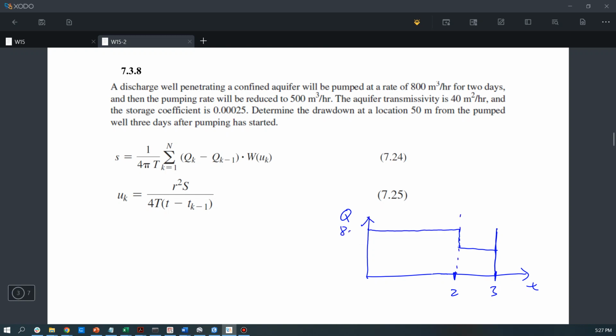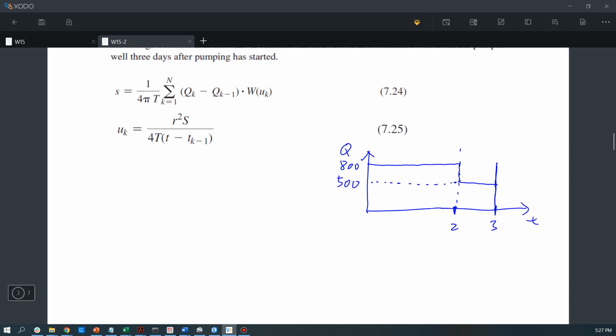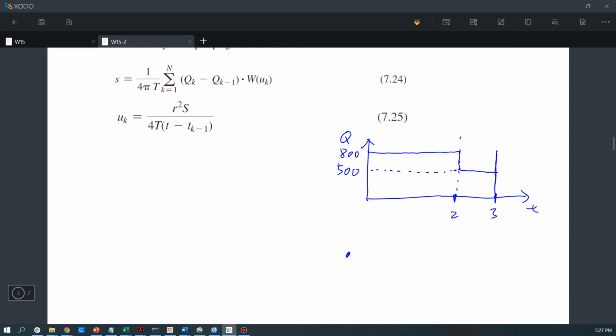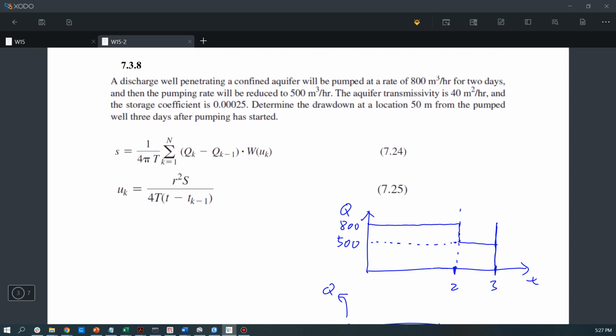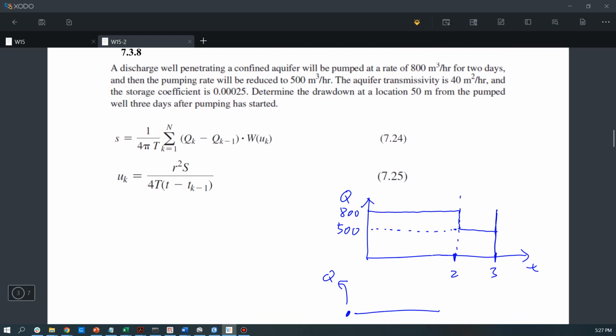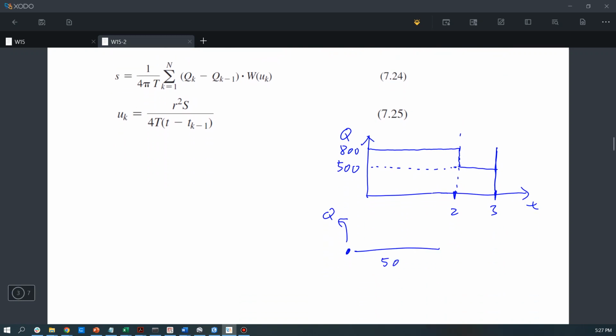This is 800, and this is 500. And this is the pumping well. And we assume we have the observation well at a location 50 meters away from the pumped well.